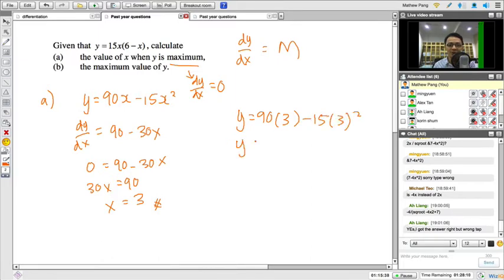This is quite simple, which is 270 minus 9 multiple 15. What do you get for 9 multiple 15? 135. So your y is slightly big. I hope my calculation got no mistake. 135. This is B. This is just a 3-mark question.